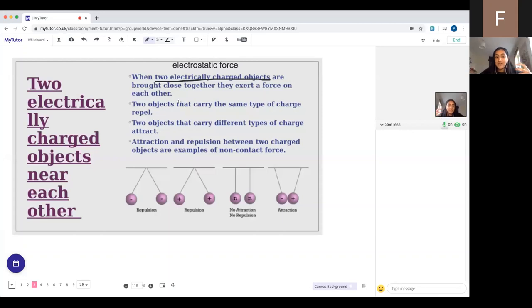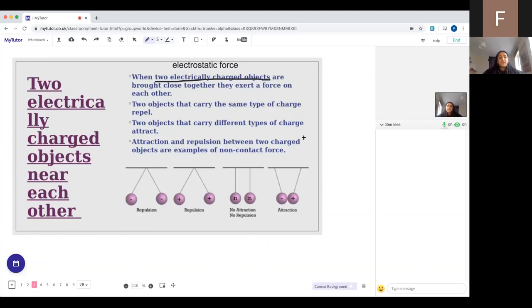If we have the same type of charge, they repel, and different, they attract. Here we can see repulsion because we have two negative charges, and here we can see attraction because we have opposite charges. So exactly like magnets, but instead of north and south pole, we have negative and positive.